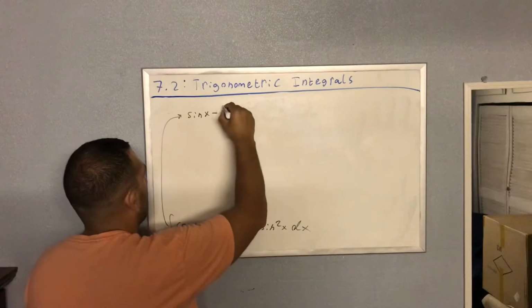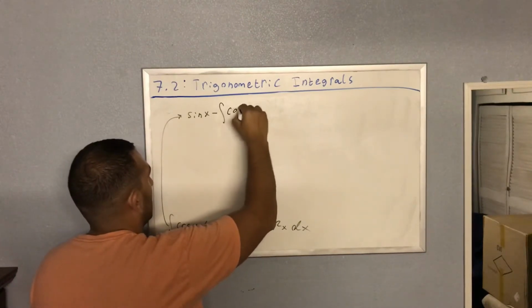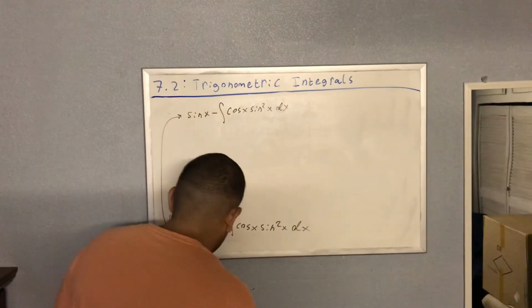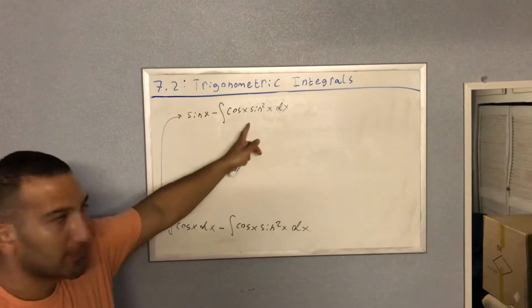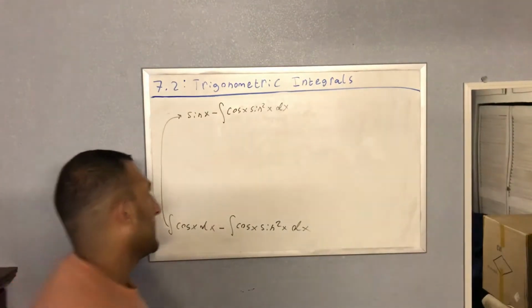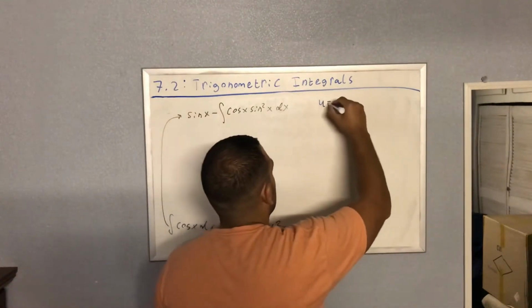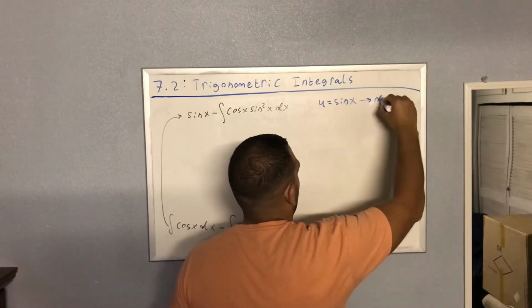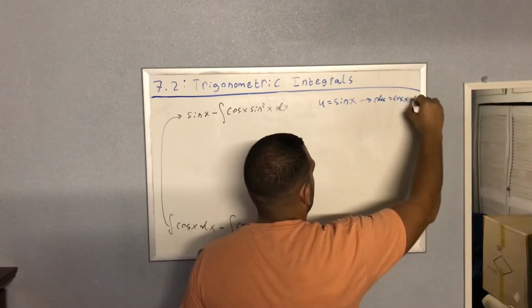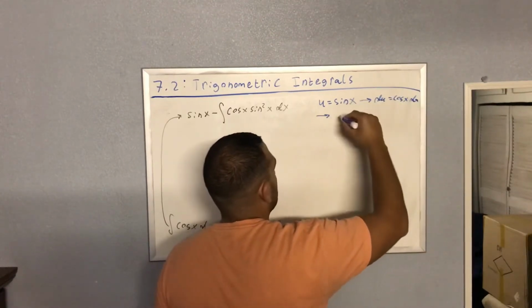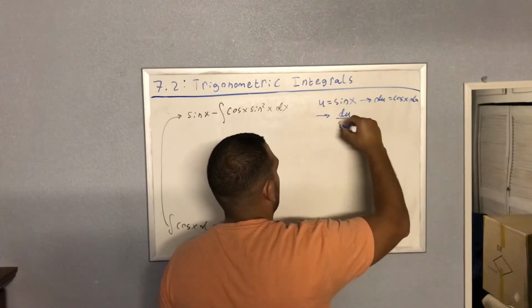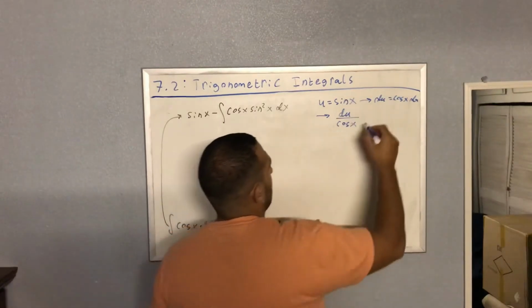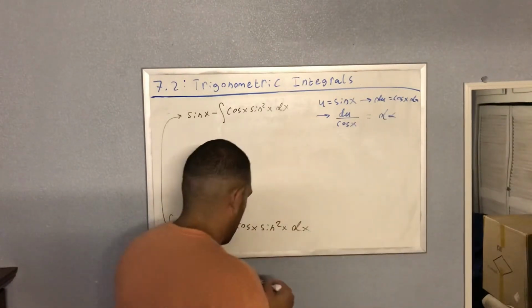And then we're still left with this guy. But now we can use u substitution on this integral. If we let u be sine x, then du will be cosine x dx. And so subsequently du over cosine x will be equal to dx, and that's perfect.